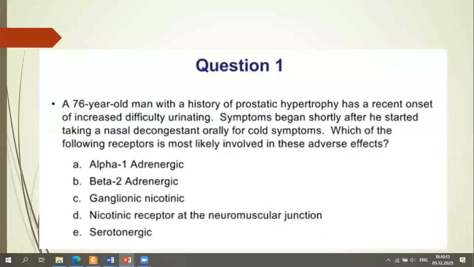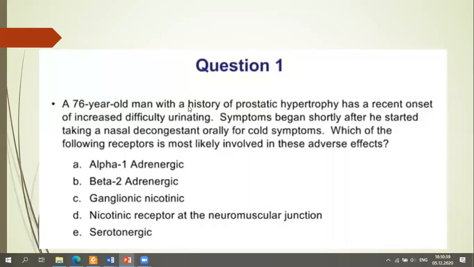Question 1: a 76-year-old man with a history of prostatic hypertrophy has a recent onset of increased difficulty urinating. Now, when people have urinating difficulties, what type of receptors are used for this treatment? We can say the alpha-1 receptors, okay?